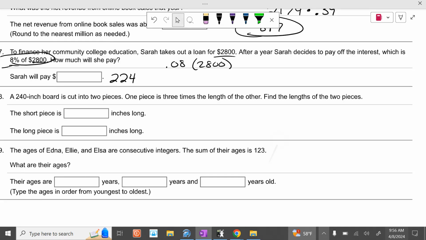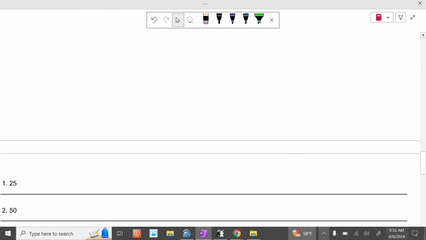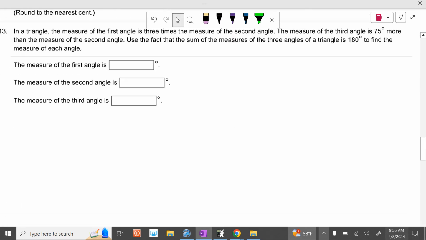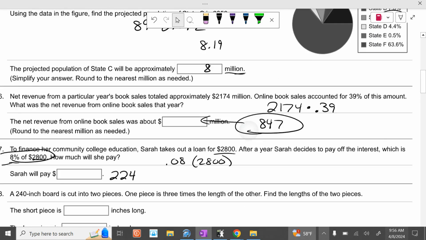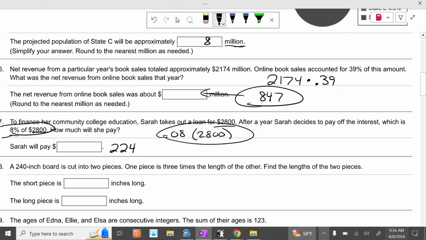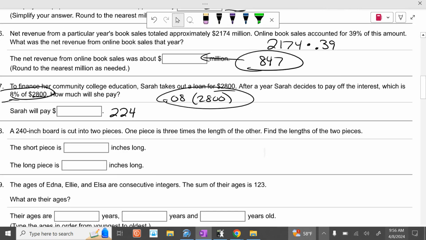After a year, I think she's just paying off the interest. We'll look at number 7. 224 is all. Okay. So that's all she's doing. So the ones that involve the sales tax, that we don't have on the quiz, where we had to think backwards. So these are all just straightforward multiplying.